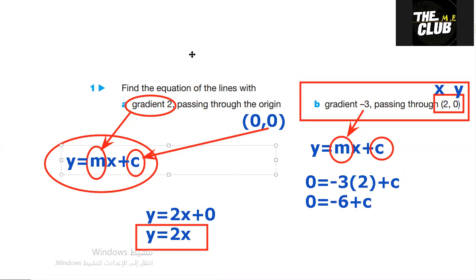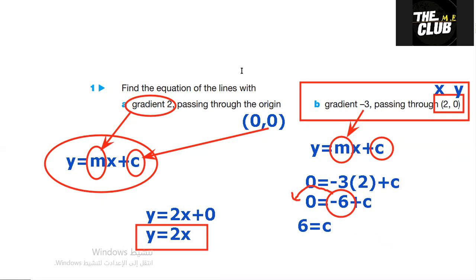Then I'm going to take the -6 to the other side. Because it's negative on this side, it's going to be positive on the other side, so +6 equals c. So c equals 6.